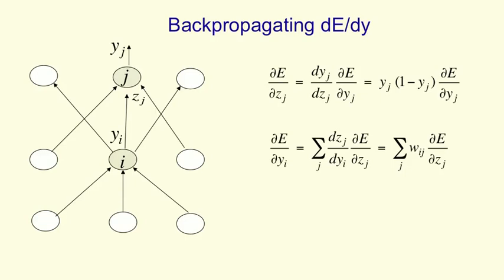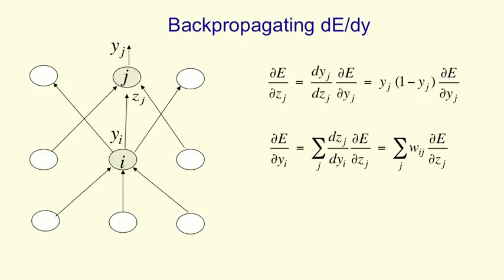So the first term there is how the total input to unit j changes as we change the output of unit i. And then we have to multiply that by how the error derivative changes as we change the total input to unit j, which we computed on the line above. And as we saw before when studying the logistic unit, dzj by dyi is just the weight on the connection, wij.